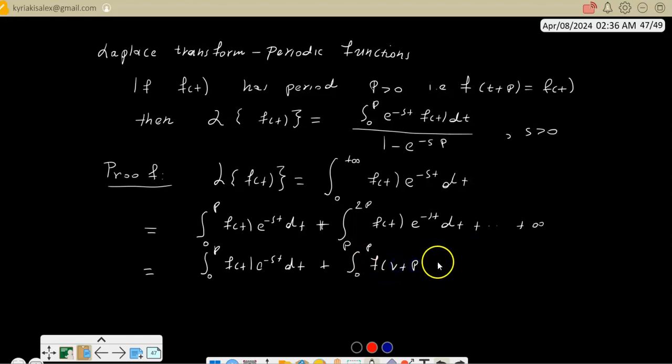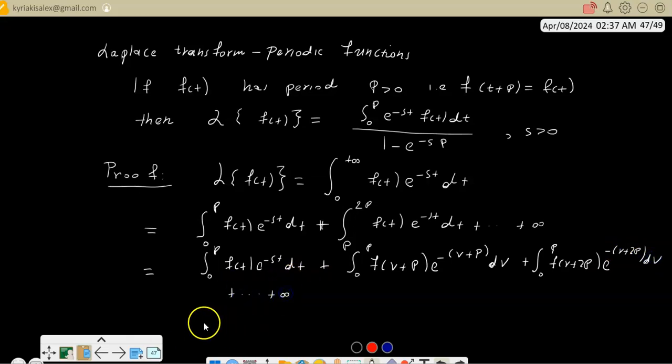So f of v plus p, e to the minus s times v plus p, dv, plus from 0 to p, f of v plus 2p, e to the minus s times v plus 2p, dv, plus the other terms.